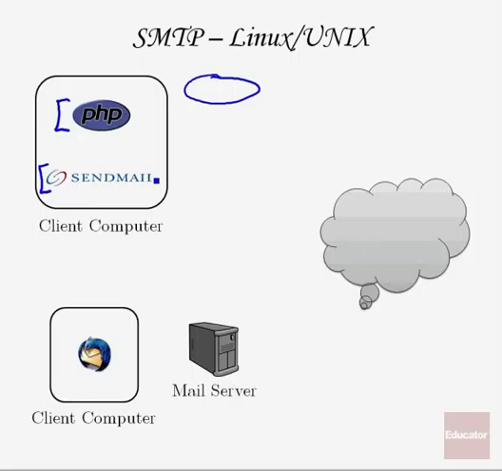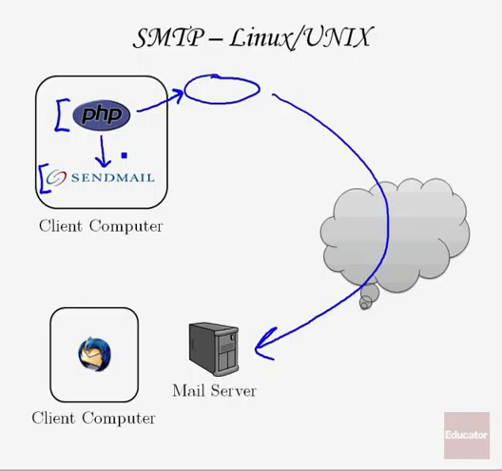So instead of forwarding a message via SMTP out to a local mail server, what actually happens is PHP or your mail client, it could be Thunderbird as well, will send the message along to the local SendMail program running.